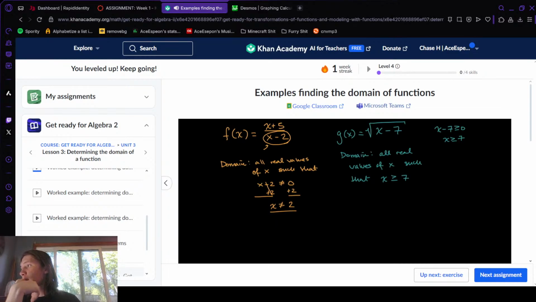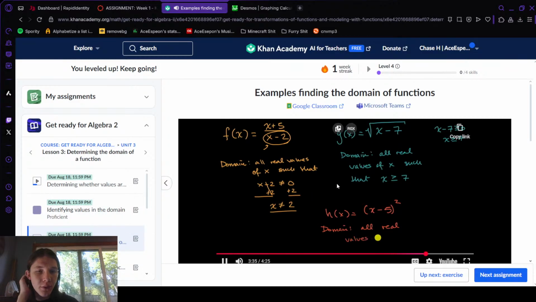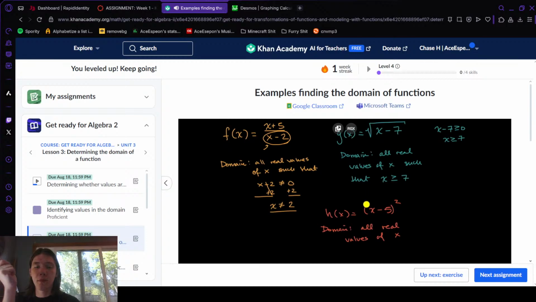Let's do one last example. Let's say we're told that h of x is equal to x minus 5 squared. What's the domain here? So let me write this down. The domain is all real values of x. Now, are we going to have to constrain this a little bit?